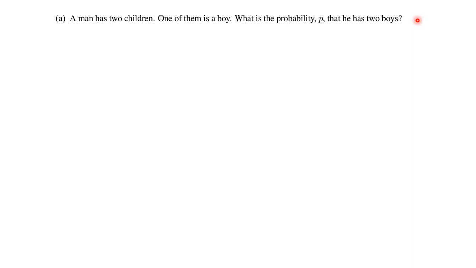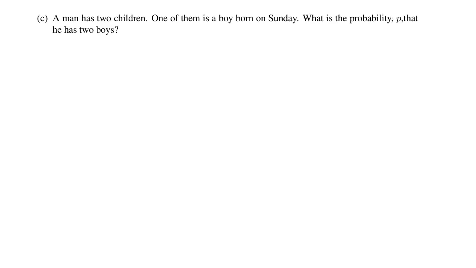It's really quite simple, but you should now pause the video and write down your solution. If you've solved that one, now let's extend this problem. A man has 2 children. One of them is a boy born on a Sunday. What is the probability that he has 2 boys?